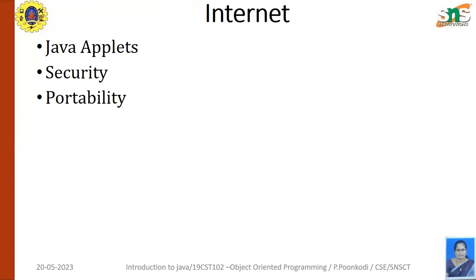Security means third party intrusions, which are high nowadays in social media. To avoid those kinds of issues in our mobile phones or PCs, they use the Java programming language. And portability: once your program is converted into an OBJ file, that file can be used during runtime and run anywhere, on any machine.